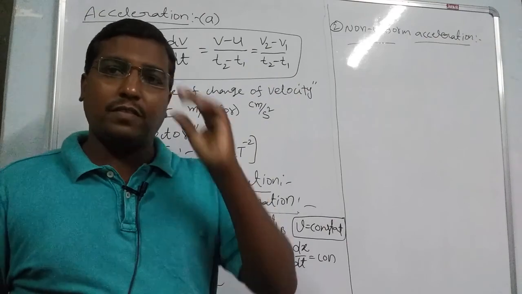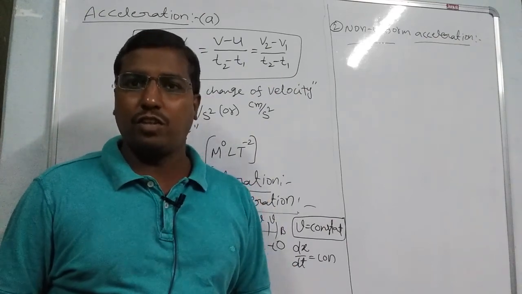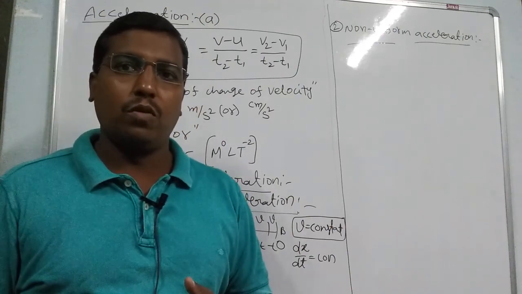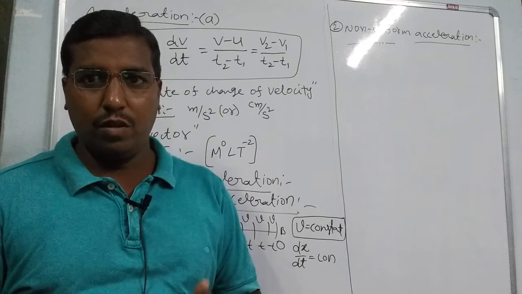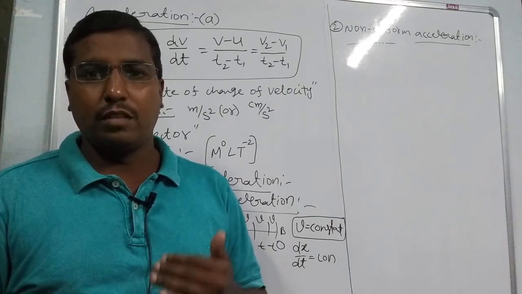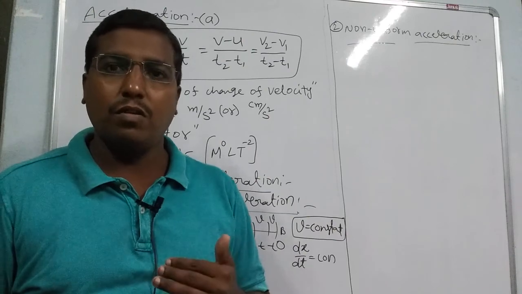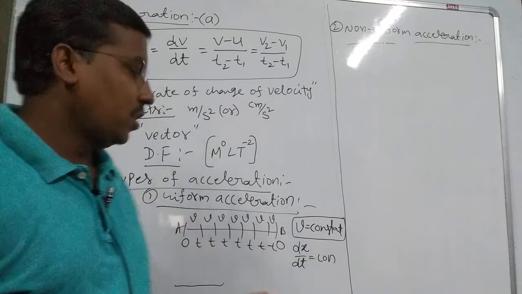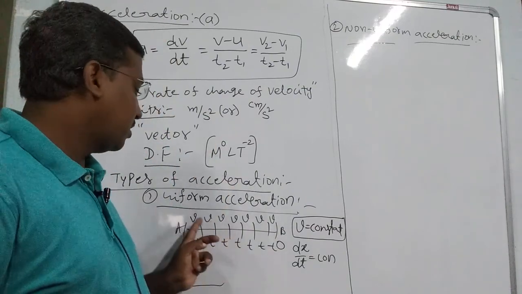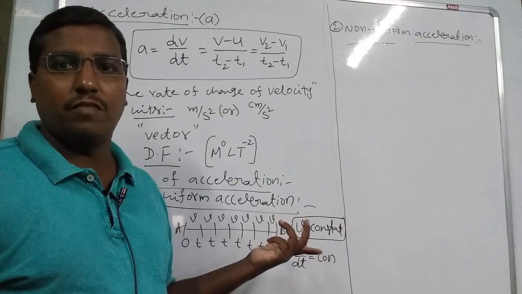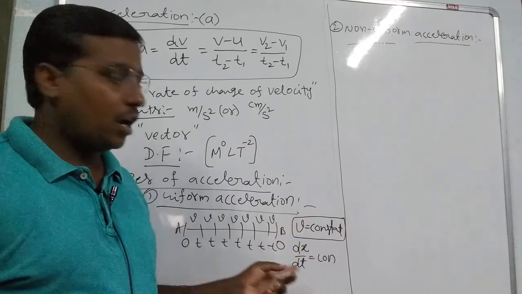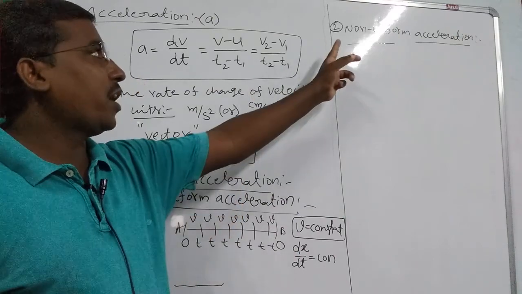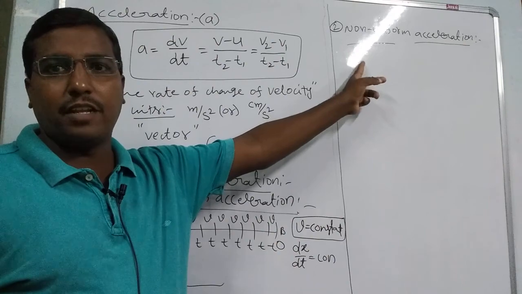If an object's velocity is changed, or the direction of velocity is changed, or both are changed, then the object is said to be in non-uniform acceleration. For example, the velocities are v1, v2, v3, something different in the same time, and the direction also changes. That type of acceleration is called non-uniform acceleration.